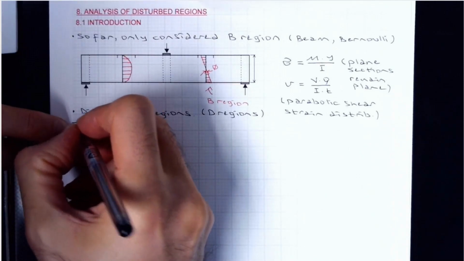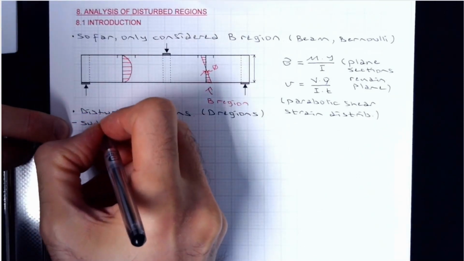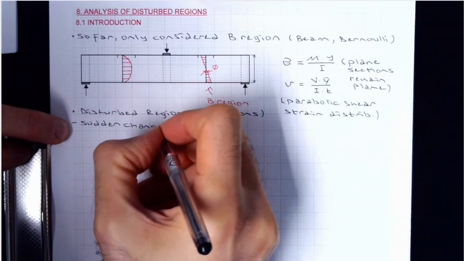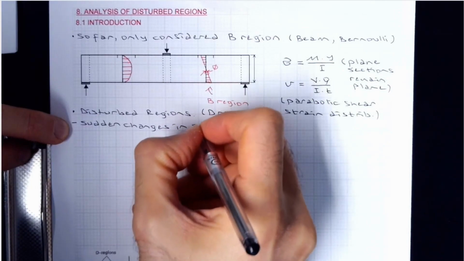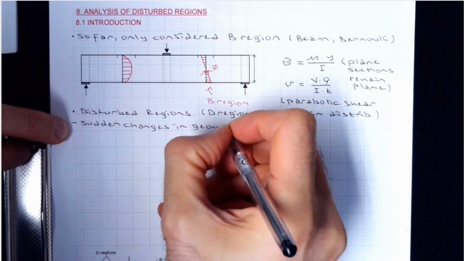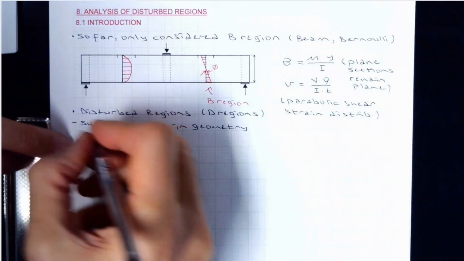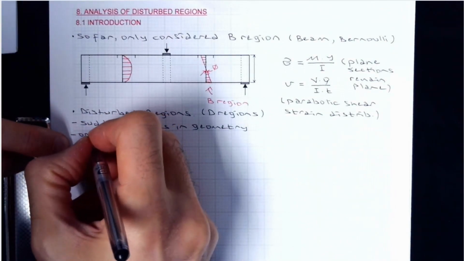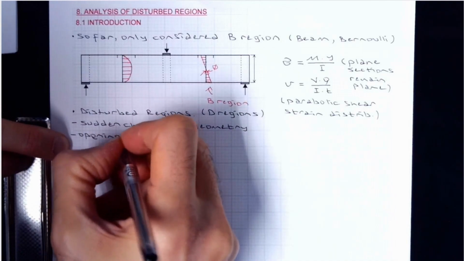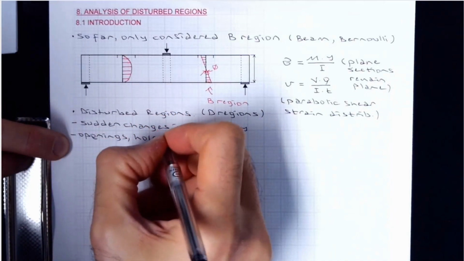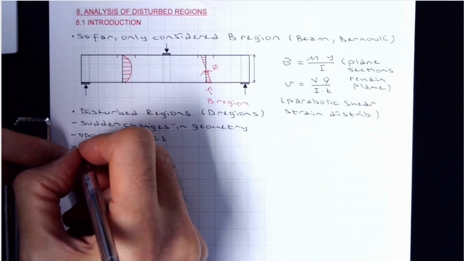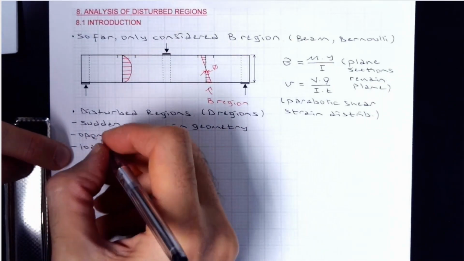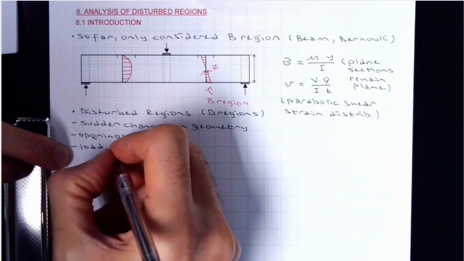This happens if you have sudden changes in geometry. If you have openings, or holes, if you have load application locations, of course every type of structure will have some load application areas.